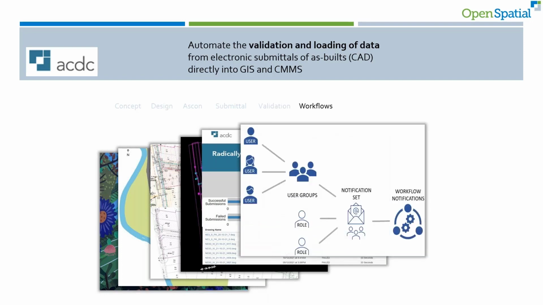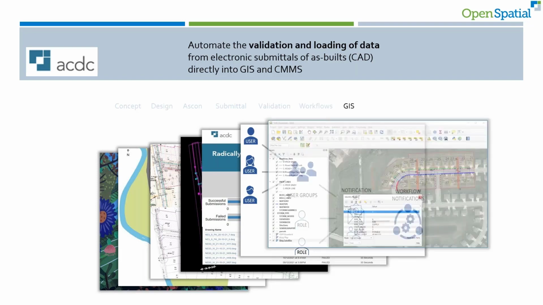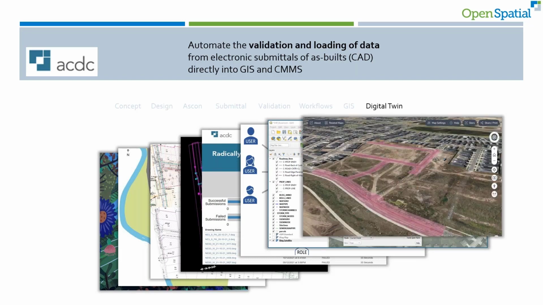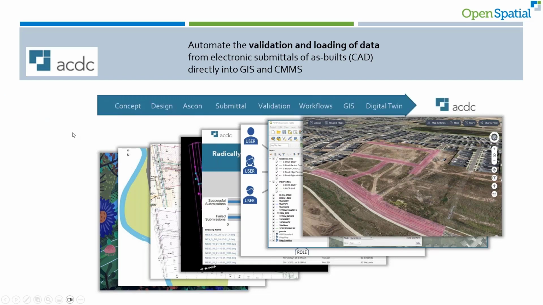There's also a whole notification system, so it will tell you at any stage of the process who needs to be notified. It is then populated directly into the GIS, and you can even take that data into a digital twin. So this is an example of a custom set of data in a new development, with the roads data assigned there.